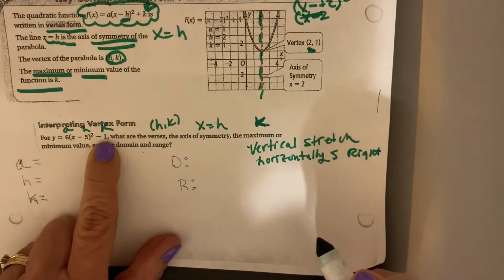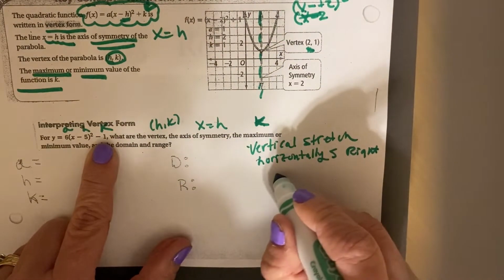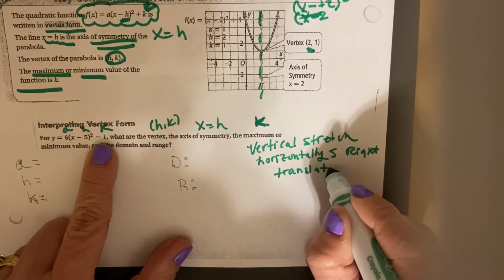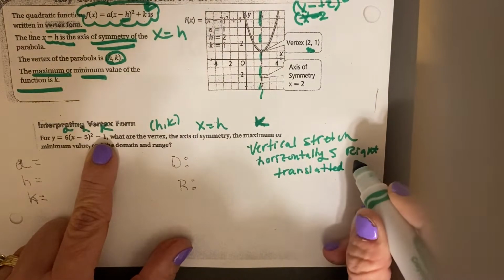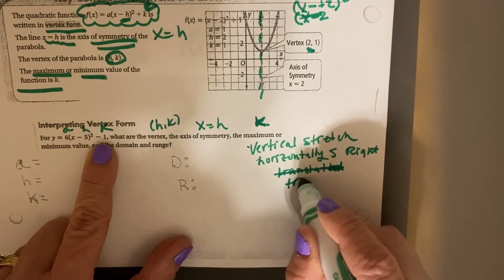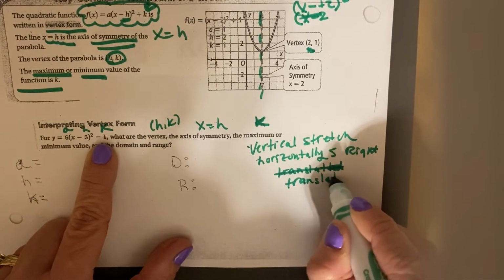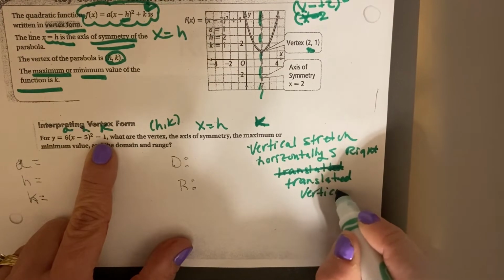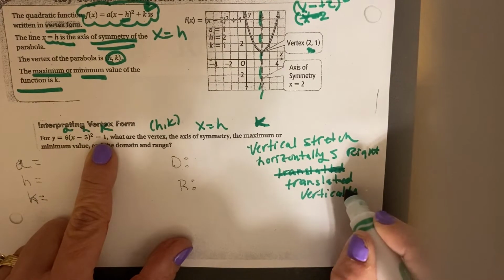And then this minus 1 tells me that we've translated down. We translated vertically. We want to make sure we use all those words, vertically and horizontally.